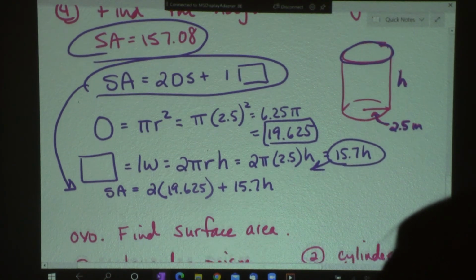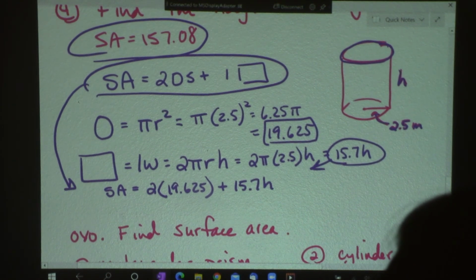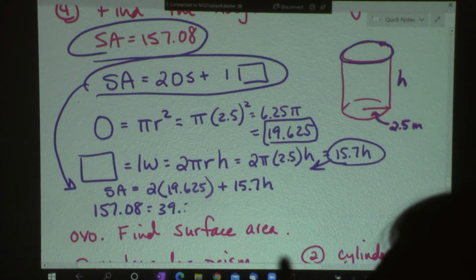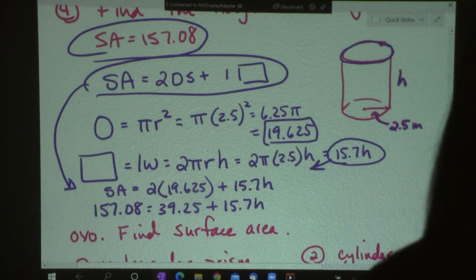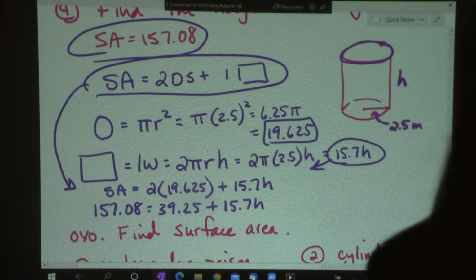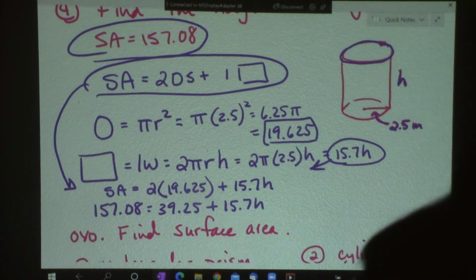Okay? Now, I know this is 157.08. I know that. And when I multiply this, I get 39.25. And I know 15.7. What I don't know is the H. And now I'm going to solve for the h.